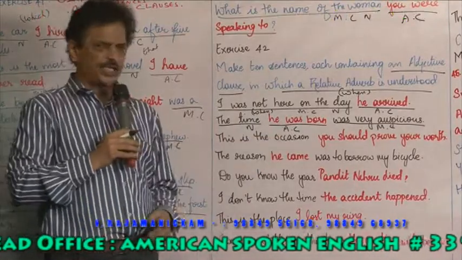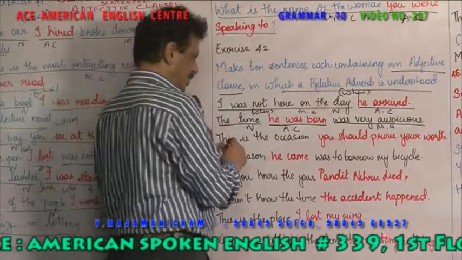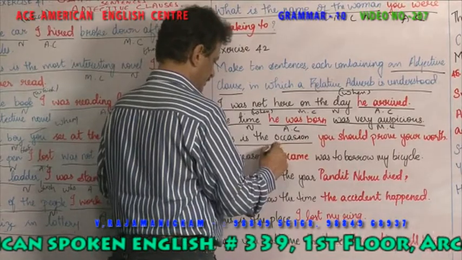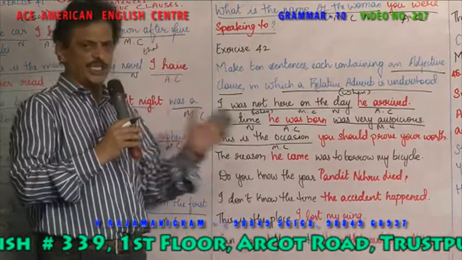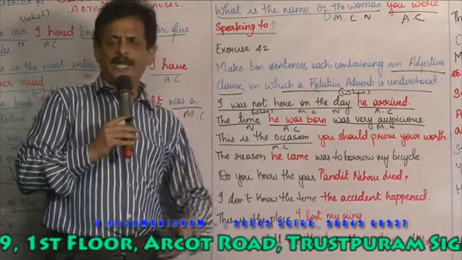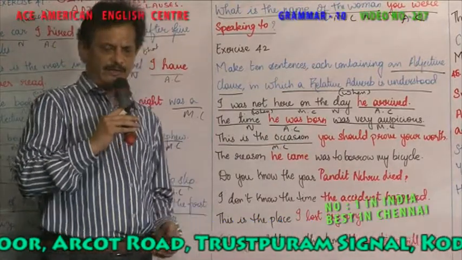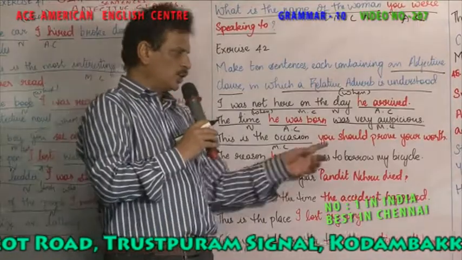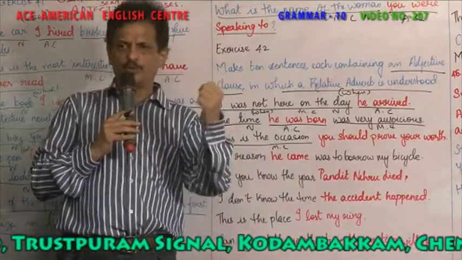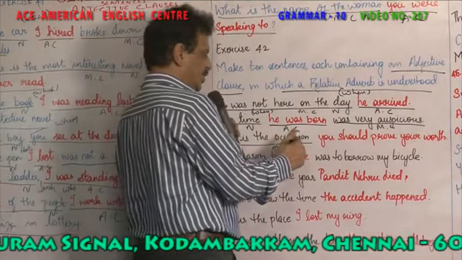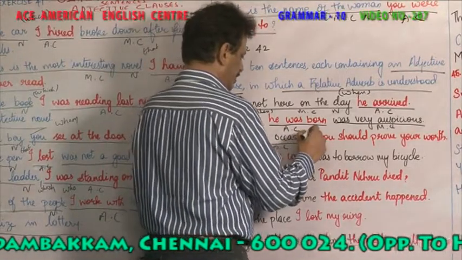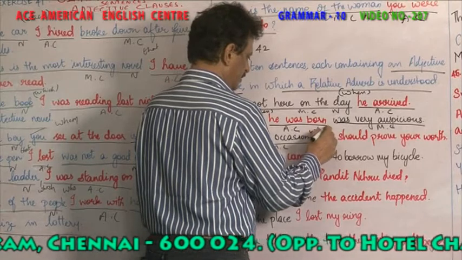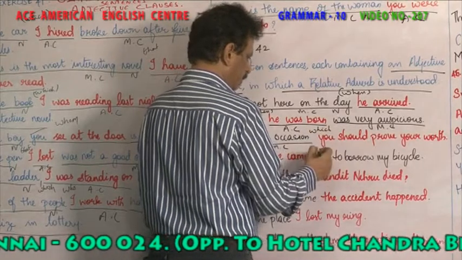This is the occasion. This is the main clause. It gives a full meaning. The occasion is explained with a sentence. What occasion? You should prove your worth. This is the occasion in which you should prove your worth.